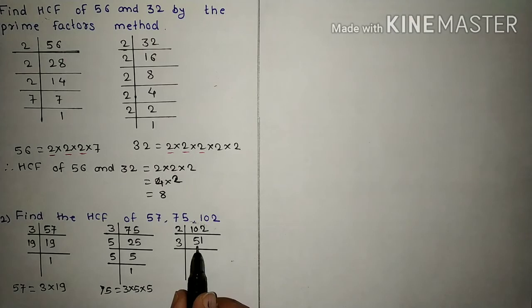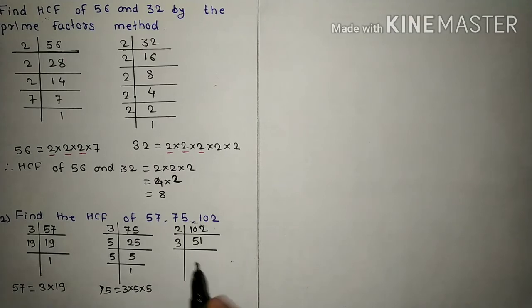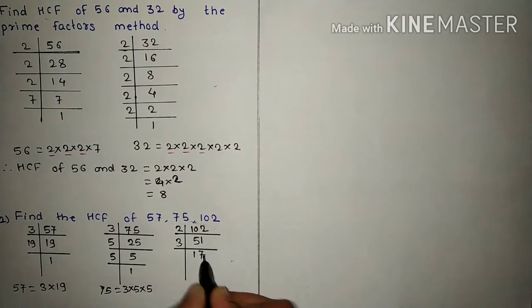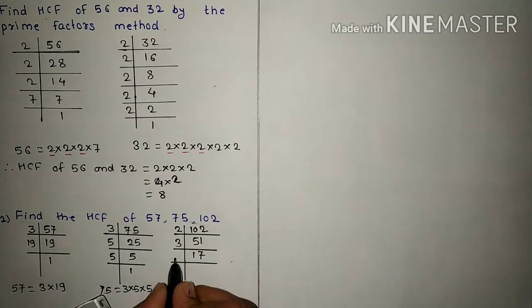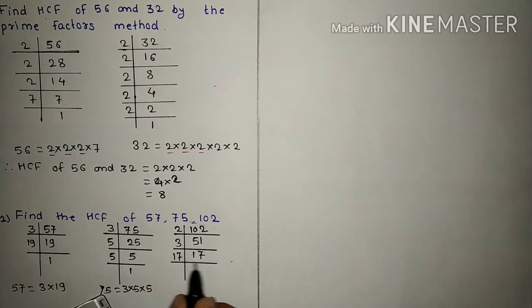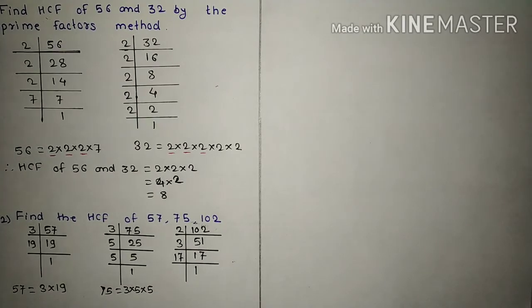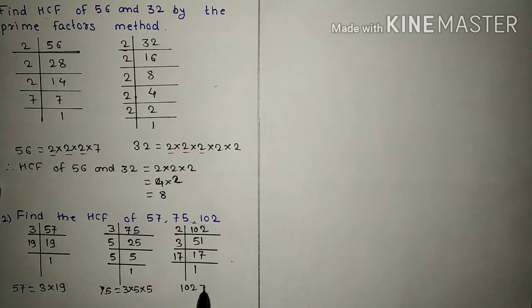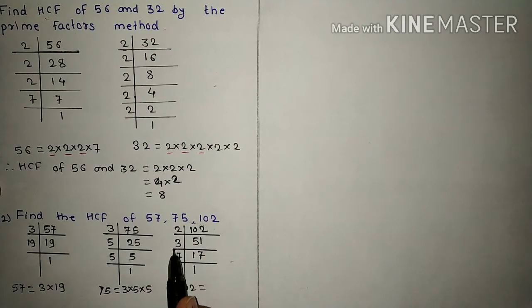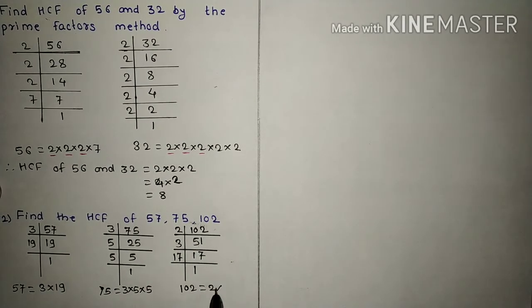When we divide 51 by 3, we get 17. And 17 is divisible by 17. 17 ones are 17. Therefore, the prime factors of 102 are the multiplication of these numbers: 2 into 3 into 17.